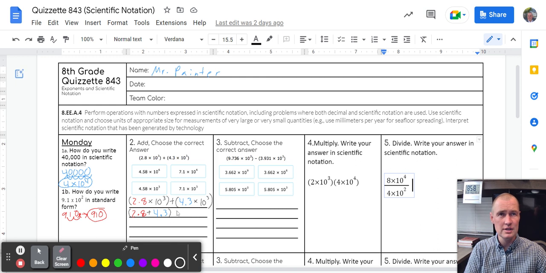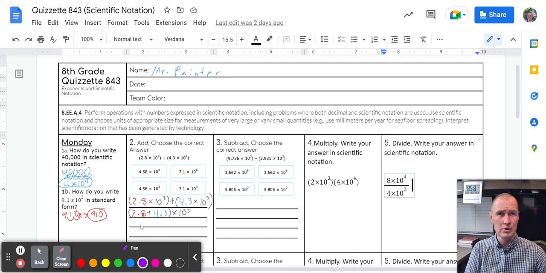Close the parenthesis, times. Now notice our exponents with 10 to the 3 are the same. So we have 10 to the 3, 10 to the 3. So we're going to leave it as 10 to the 3 only one time. As you might have guessed, all we need to do is 2.8 plus 4.3 and put 10 to the third power at the end. And we're just going to be great.